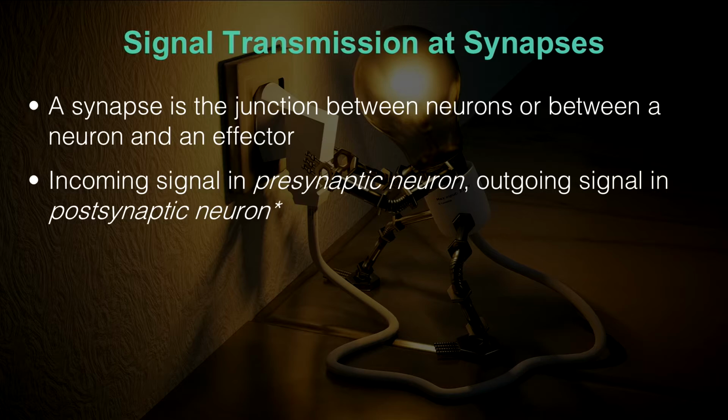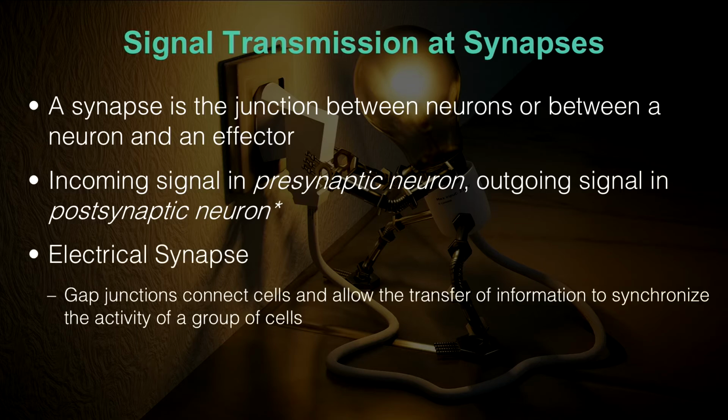If you think about a basic relay with neurons in series, the presynaptic connects to the postsynaptic and the signal is transmitted all the way down. Now there are two ways that signals can be transmitted. First one is less common. When neurons physically touch or cells are physically connected, gap junctions, remember those from way back when?